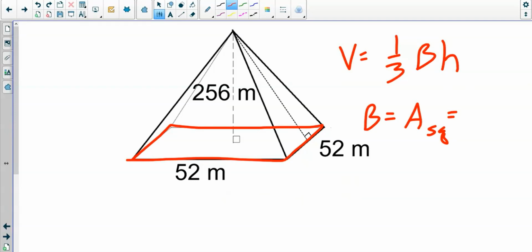That's after the 52, and all you got to do is multiply all that stuff. What's the area formula for a square again? S squared, or you can call it length times width, or base times height, little b times h. Okay? So go ahead, find me the volume of this.